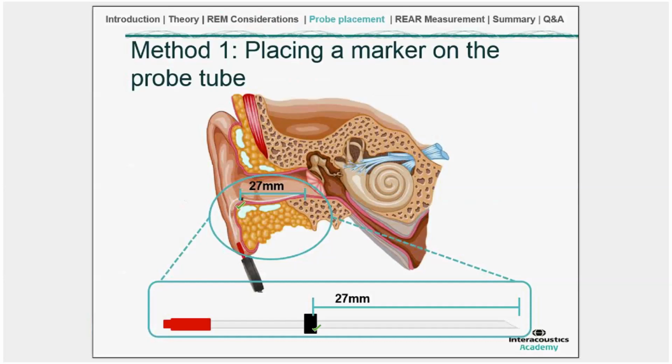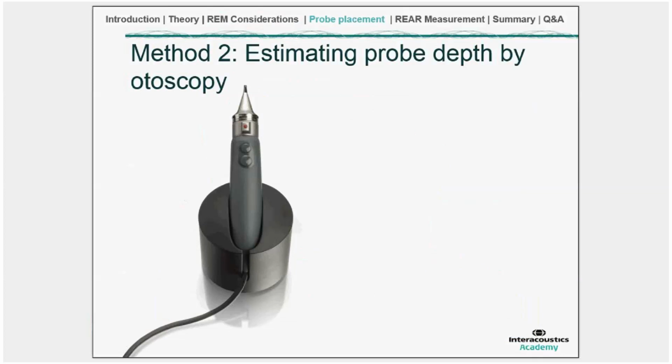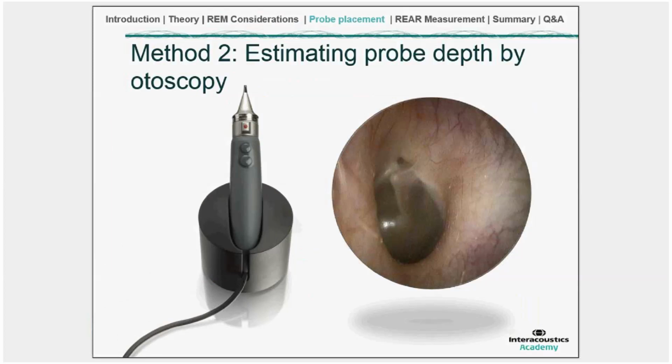Of course, it's important to perform otoscopy, and this is particularly important for further estimating the probe depth. With otoscopy, you can look inside the ear canal and see if it's longer or shorter than normal. For instance, if you had an adult with Down syndrome who had a shorter ear canal, then you might want to reconsider the 27 millimeter length.